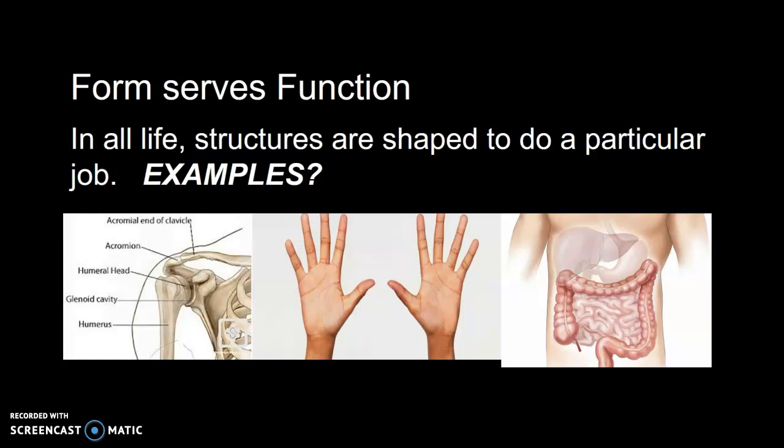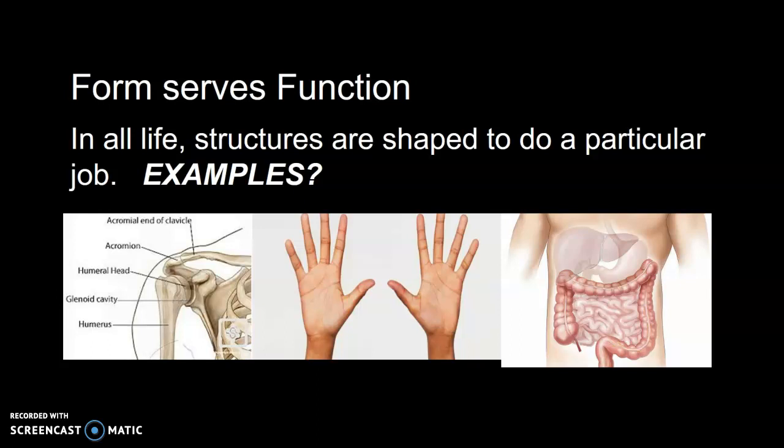Next, look at the image of the human hand. What do you think the hand is primarily designed to do? If your first thought was to grab things, then you're absolutely correct. And finally, we see a picture of our small and large intestines over to the right.